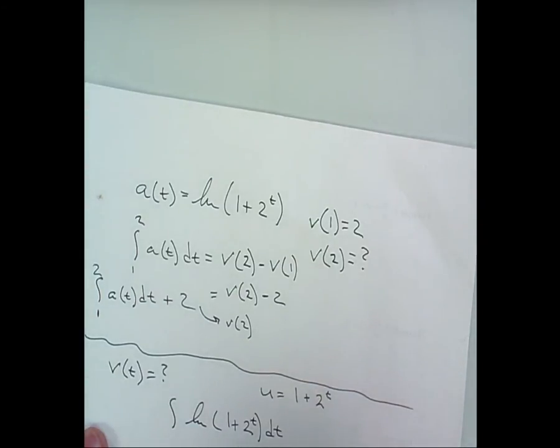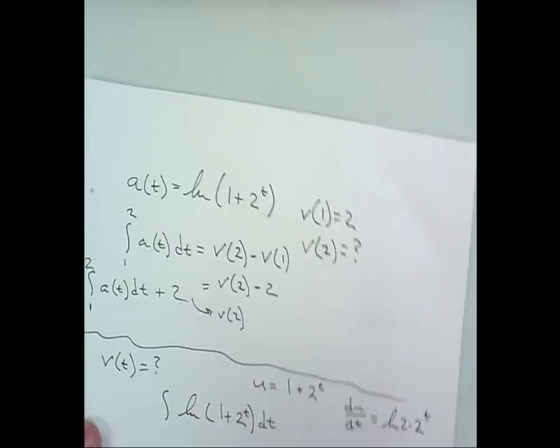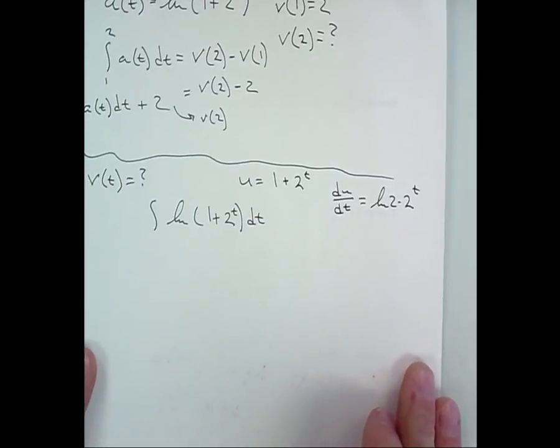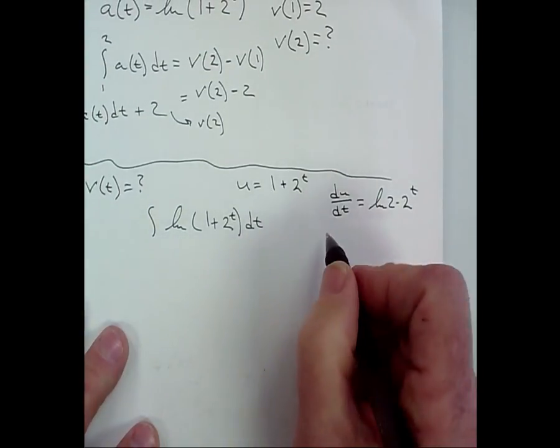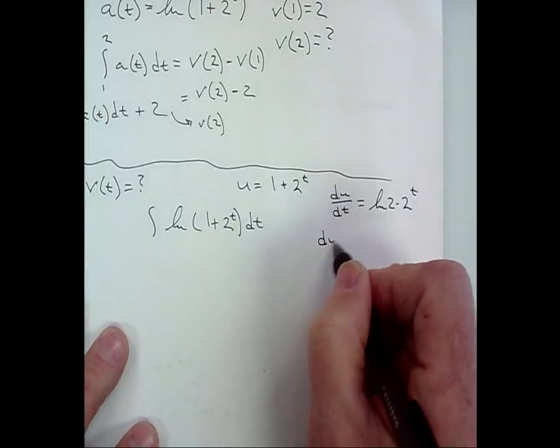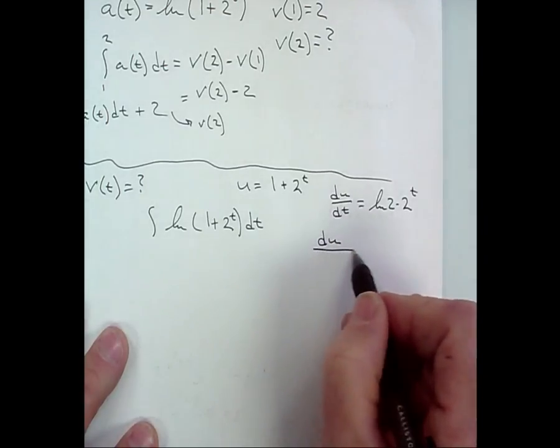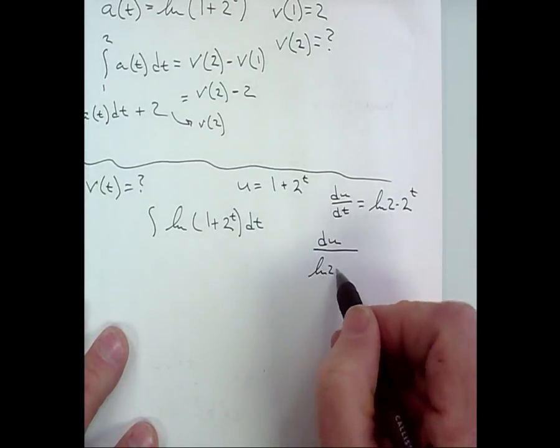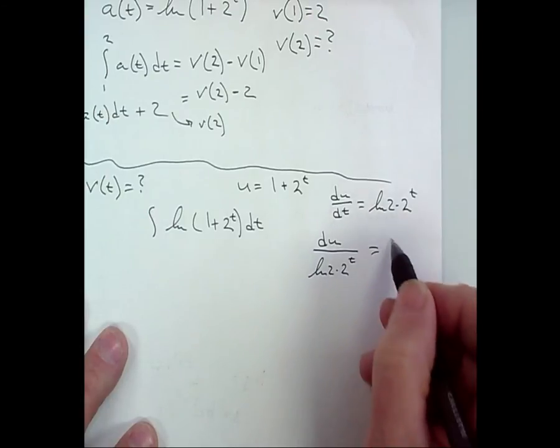Then I figured out du dt. And du dt is the ln of 2 times 2 to the t. And that means du divided by the ln of 2 times 2 to the t is equal to dt.